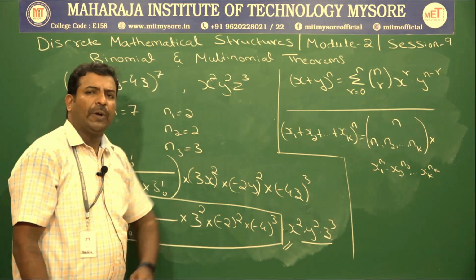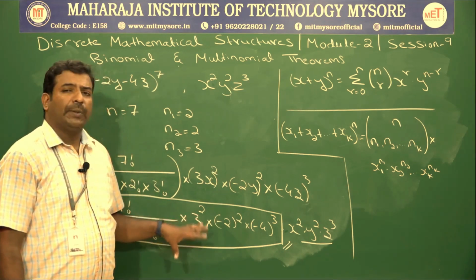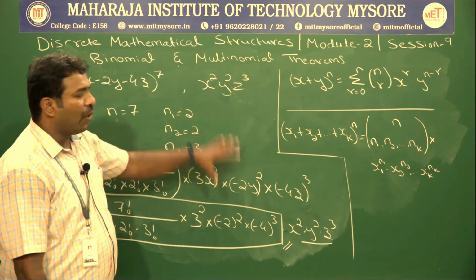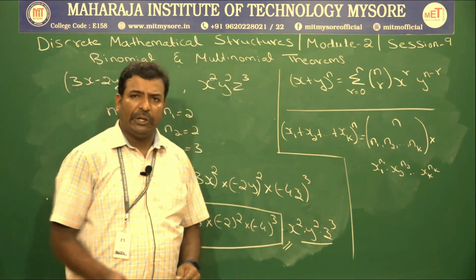So this is how we think about the multinomial and how exactly I bring in the concept of combination whenever I want to find the coefficient of a given binomial or multinomial.